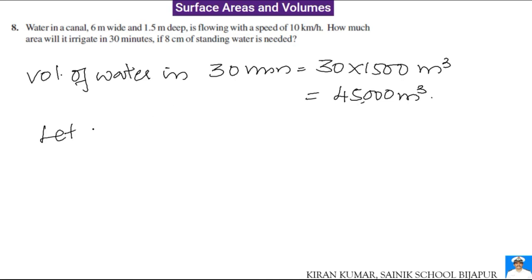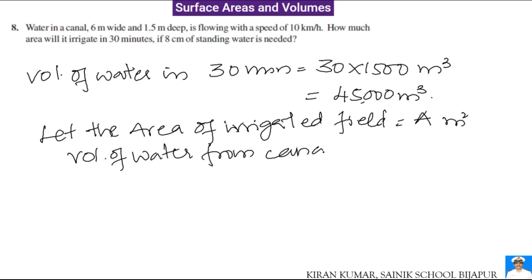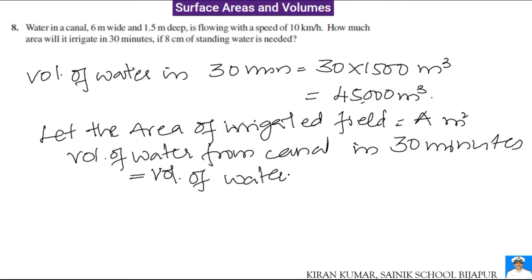Let the area of irrigated field be some A meter square. So volume of water from canal in 30 minutes will be equal to volume of water in the field.